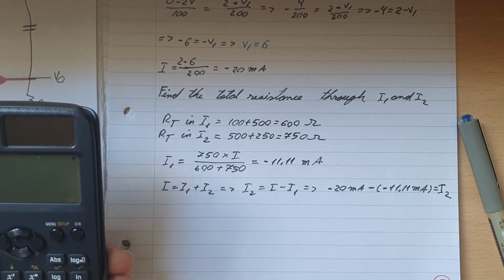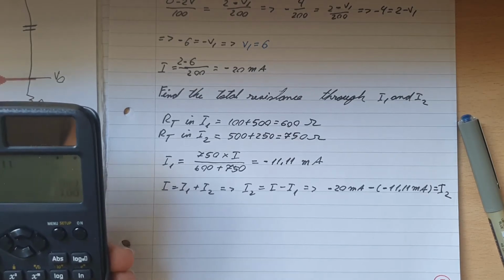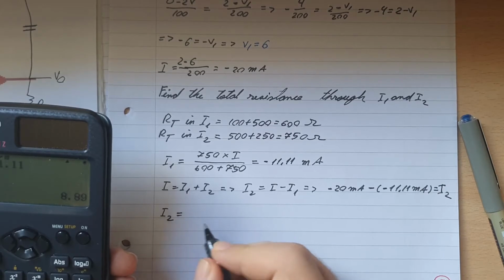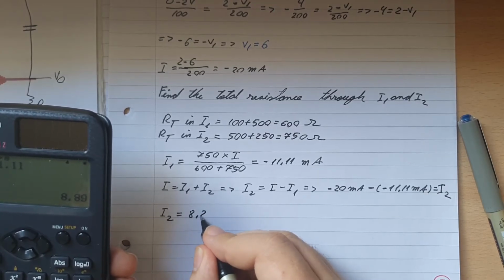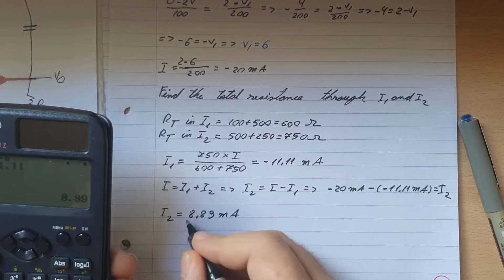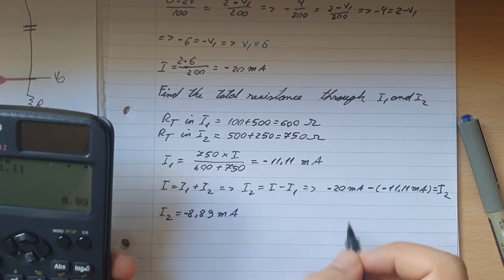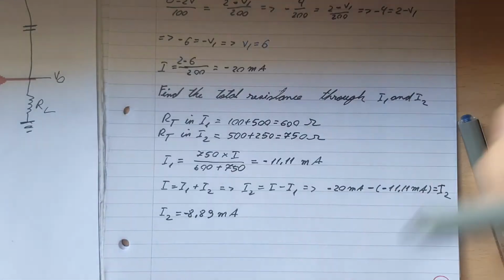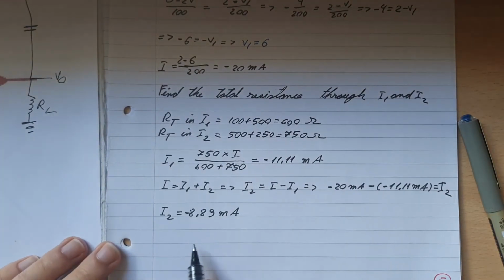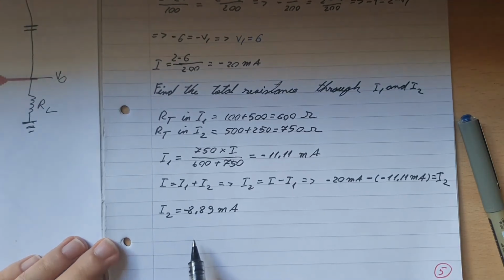So 20 minus 11.11, yes, 8.89. So I2 would be equal to minus 8.89 milliamps. All right, so we also have the I2 current.